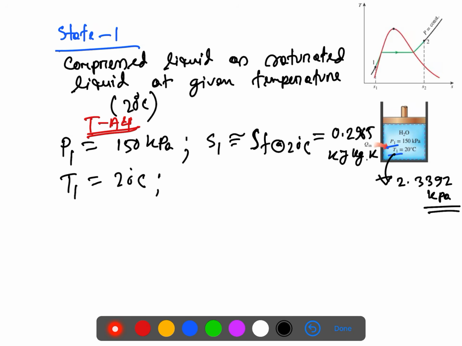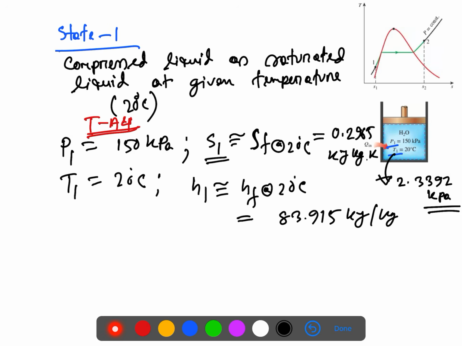So we got S1, that means the entropy. And if we calculate the enthalpy at the same temperature, we can say h_f at 20 degrees centigrade will actually be 83.915 kJ per kg.